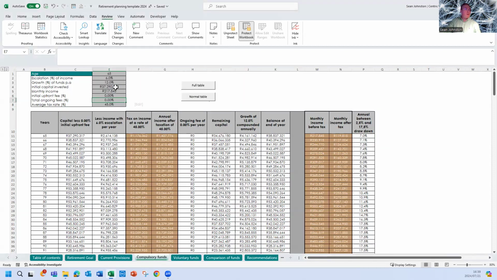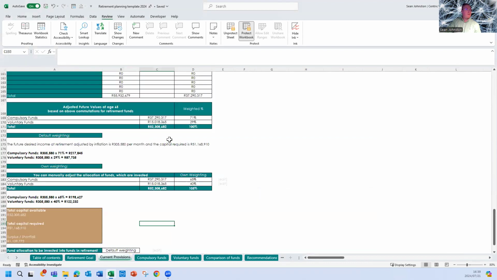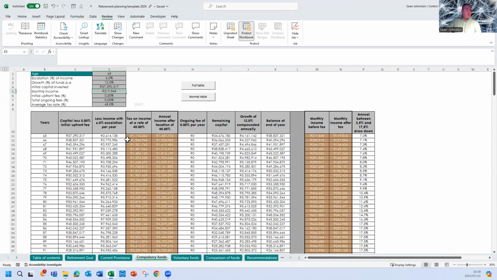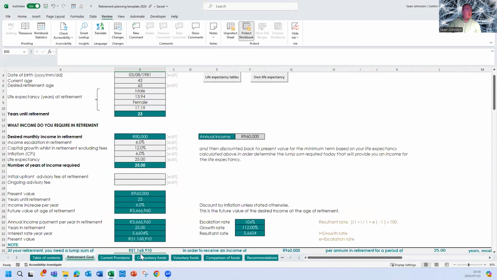So the first one I'm going to show you here is the fund value from the retirement annuity after taking the 1/3, which we've already established is over here, 37 over there. This 217 is the weighted 79% of the 305. And we're going to use a 45% average tax rate at this stage. He's 65 years of age, 6% escalation of his income, which is taken from the retirement goal over here.